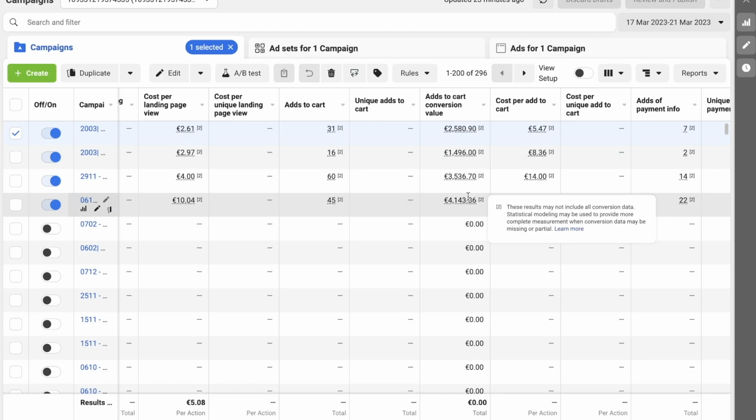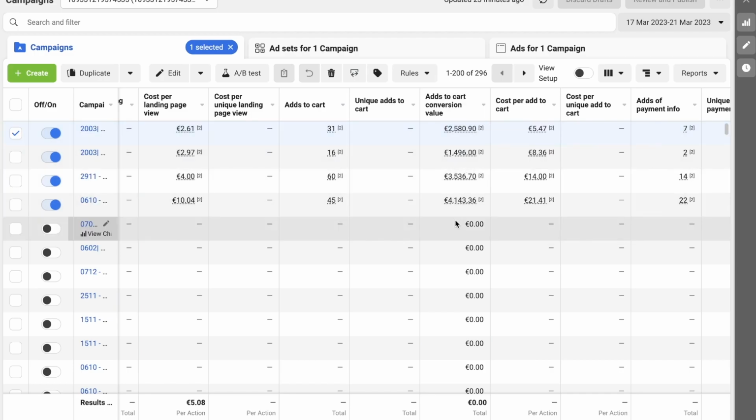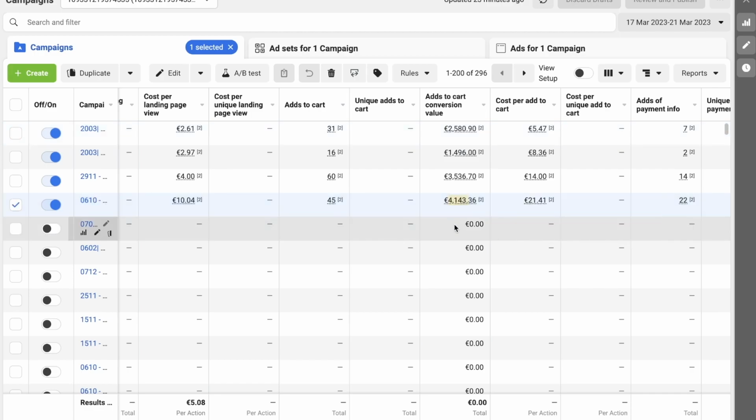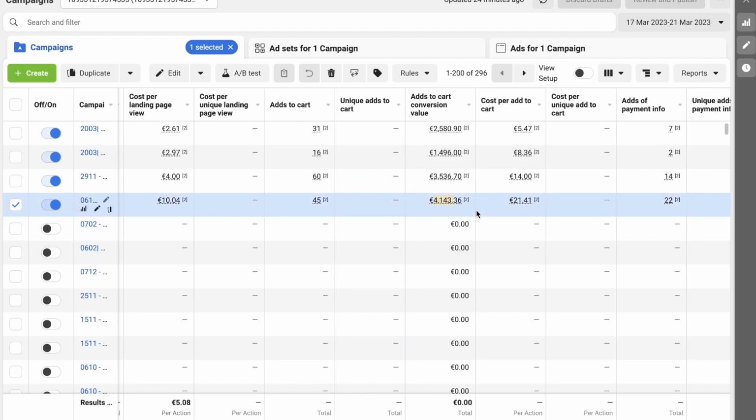If people bought for 100 euros, I know that from my purchase conversion value metric, but I also know how much stuff they are putting into their cart value. And if I see 45 add to carts, which in sum put 4,000 euros in value into their cart, this means I have an average add to cart value here of around 100 euros.